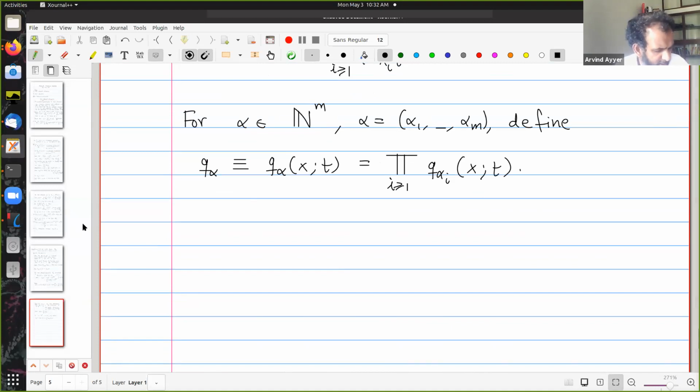Now you have the sequence. So Macdonald defines this notion of raising lowering operator.